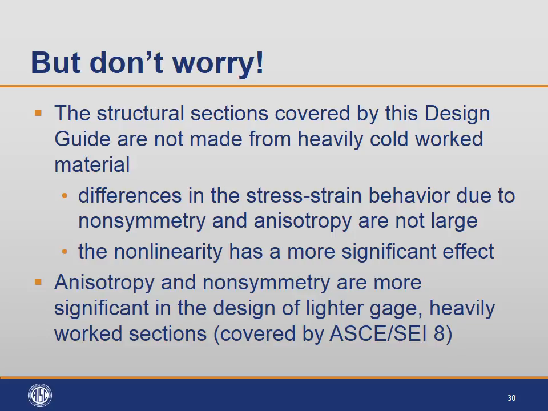However, these phenomena are more significant in the design of the lighter gauge material, and these are covered by the AISC SEI specification 8, which is the specification for cold-formed stainless steel structural design.